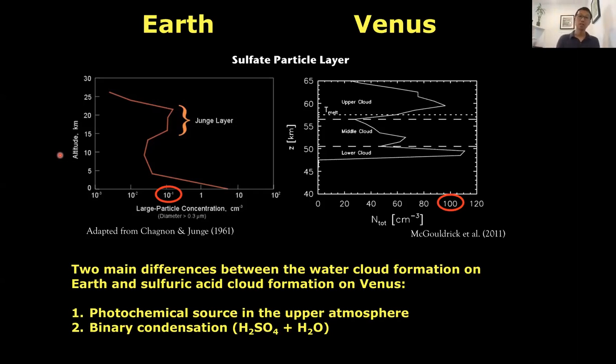Another thing is the Junge layer. Although it's very little and looks pretty thin in the lower stratosphere of Earth, people have already thought about using this lower stratosphere layer to scatter more light out from Earth to cool down the entire surface and solve the global warming problem.